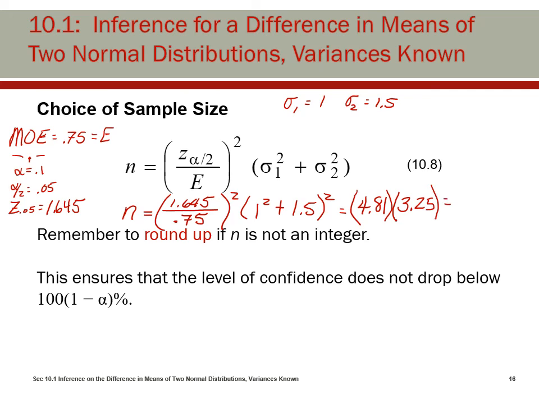Multiply, and the value comes out to 15.63. Now always remember to round up. We can't have a fractional 15.6 part, so we're going to round that up, and our sample size N1 equal to N2, we will set them both at 16.